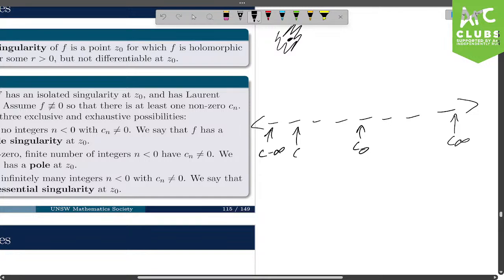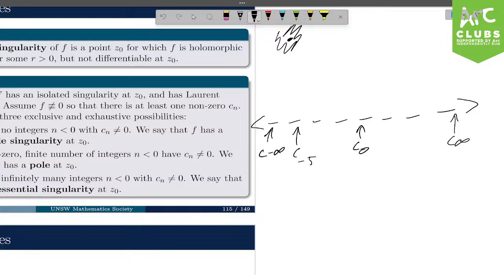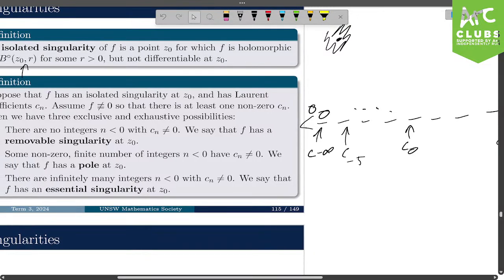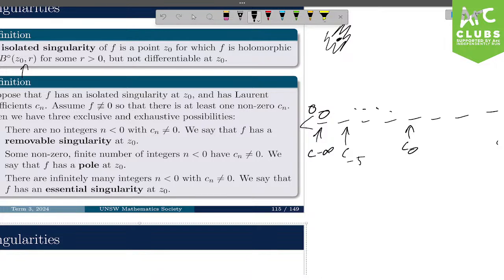So this is just going to be C minus 5. Just going to use 5 for that case. If we do this, and these ones are not 0, so they're actually real valued, and then the rest are 0, going backwards from there, then what we have is a pole, and a pole of order 5, okay? Just because there's 5 degrees of pole in that direction.